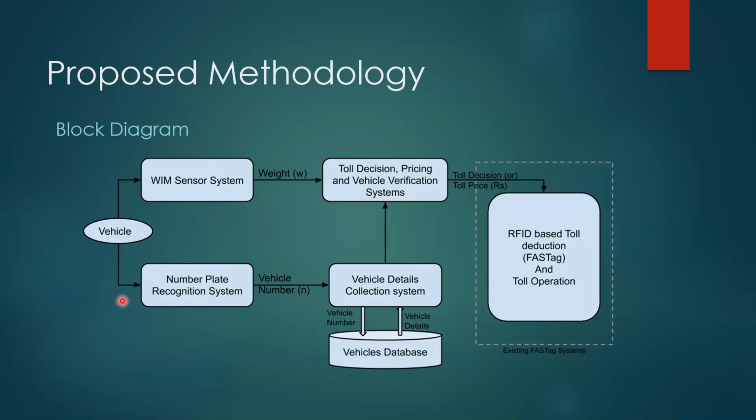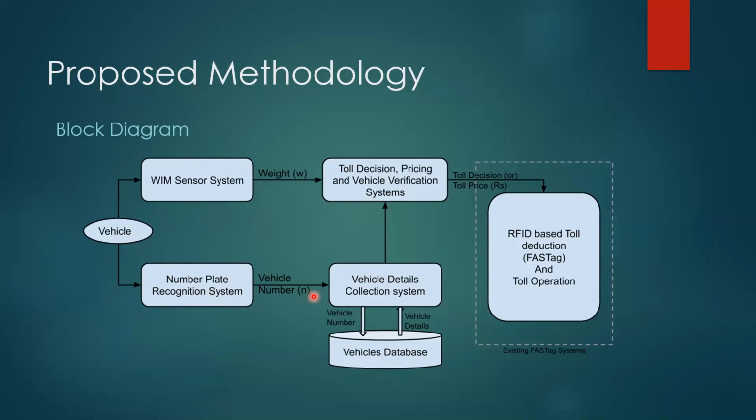Now, the second part of the system is the number plate recognition system. Here we will use a camera to capture the image of the vehicle, and we will try to extract the number plate and recognize the registration number of the vehicle. I'll explain the algorithm in detail later, but the output of this system would be a string representing the vehicle registration number.